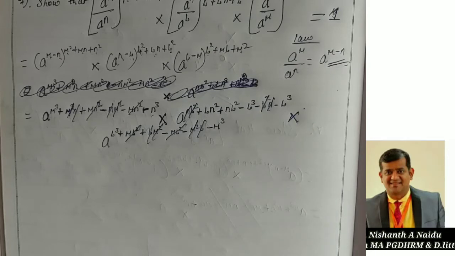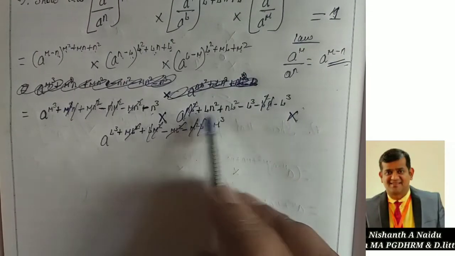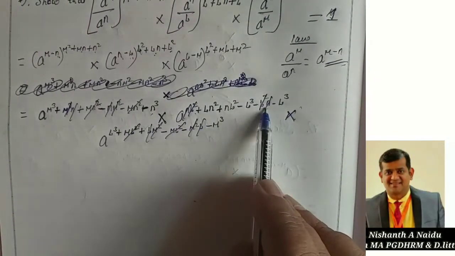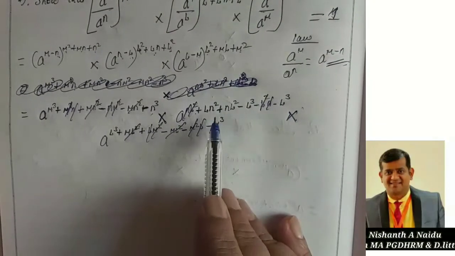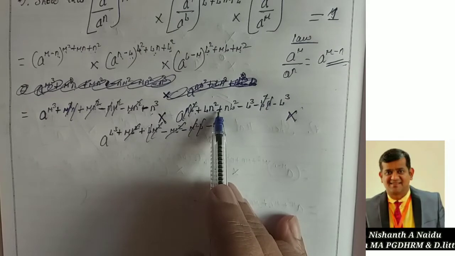So here l n to the power of 2, recheck once, n l to the power of 2, l n to the power of 2, this l to the power of 3, this minus and minus, this can be cancelled.